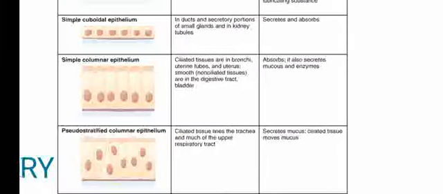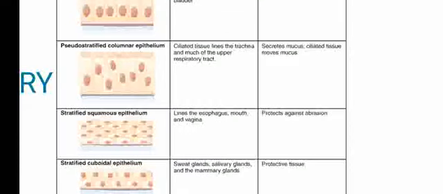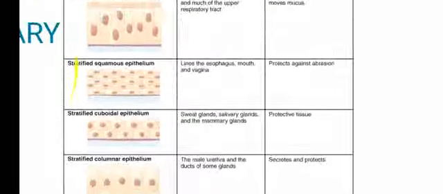You can also find the simple columnar. This one absorbs and has what's called ciliated, then pseudostratified, found in the trachea and much of the upper respiratory tract, which secretes mucus. Then stratified squamous, we've done this one before.